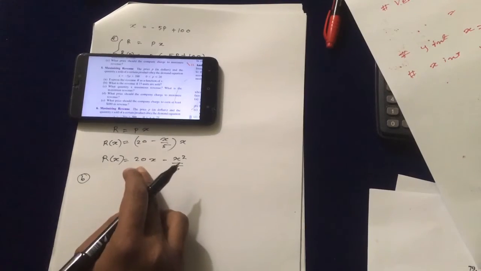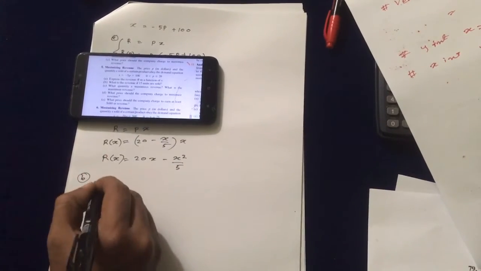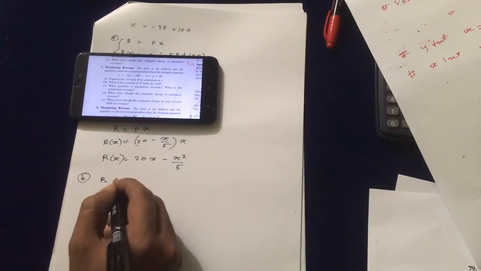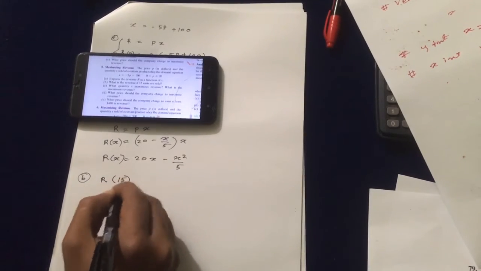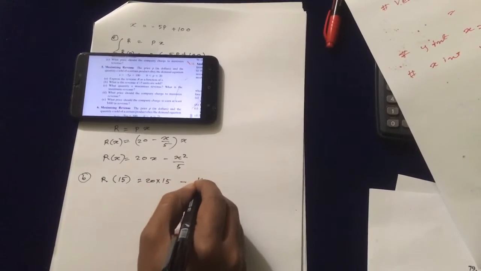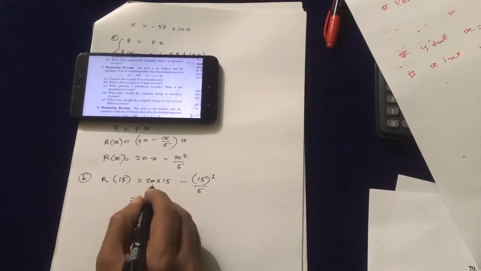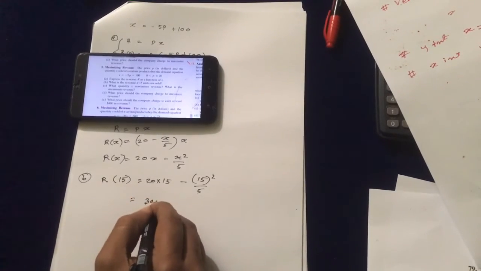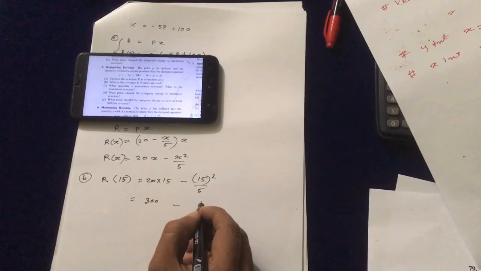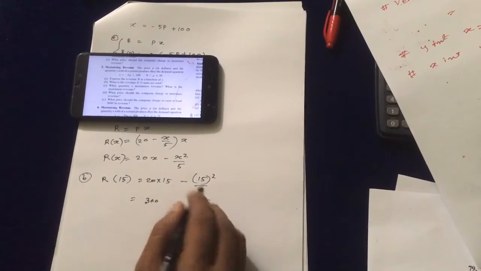So X is the quantity that's sold. We have to put here R of 15. This equals 20 into 15 minus 15 whole square divided by 5. So 20 into 15 equals 300, minus 15 whole square equals 225 divided by 5.